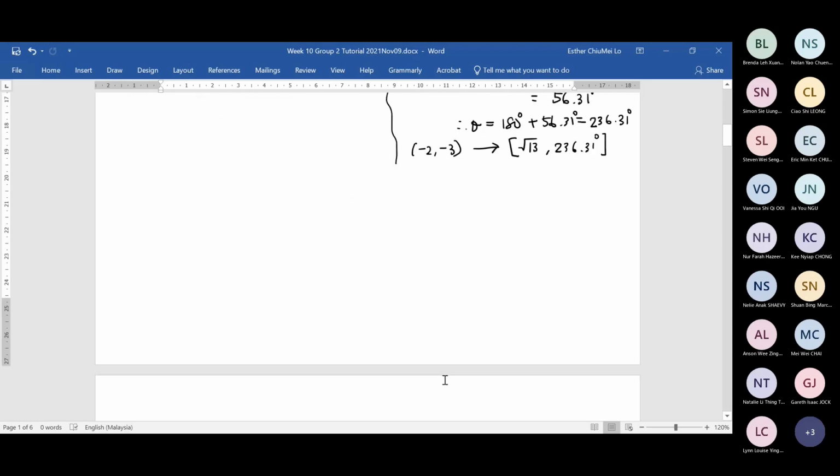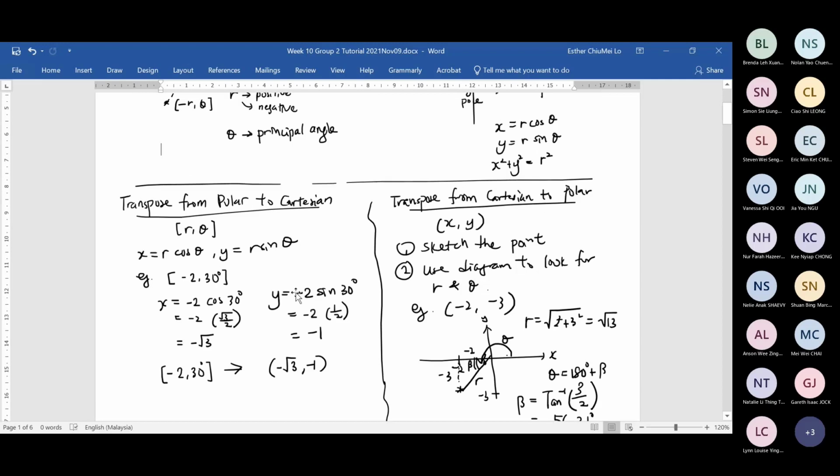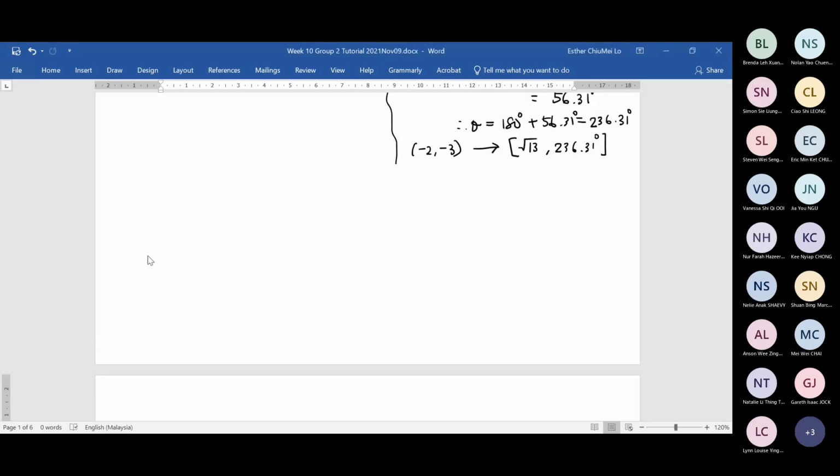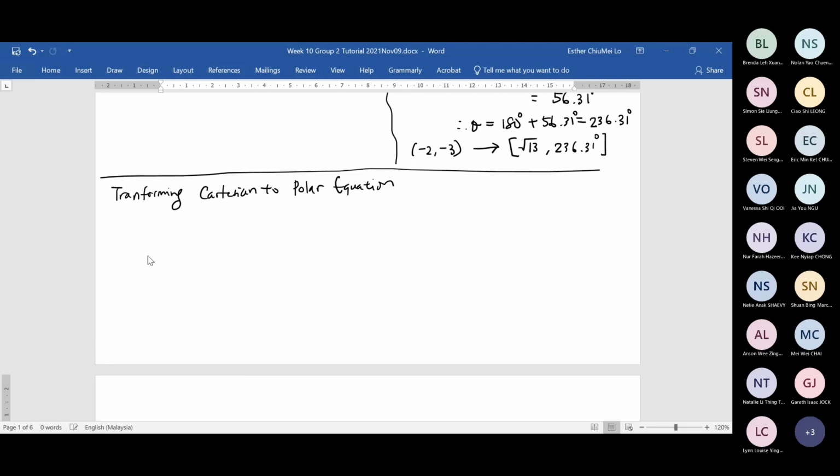Okay, and we also have, if we want to transform from Cartesian to polar equation, these are only the point, right? But what about if there is an equation? I just write here the polar equation.